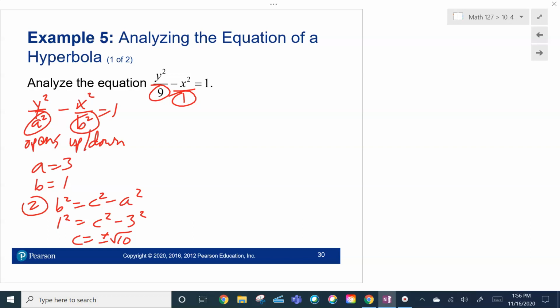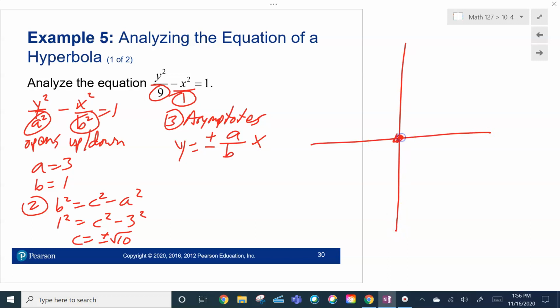So our asymptotes would be y equals plus or minus a over b x. Okay, so if I could draw this, the center's in the middle. A distance is 3, there's a vertex. A distance is 3, there's a vertex. I know my b distance is just 1, so up 3 and over 1, right? Here's our b distance, which is 1. Here's our a distance. So here are the corners of my rectangle.